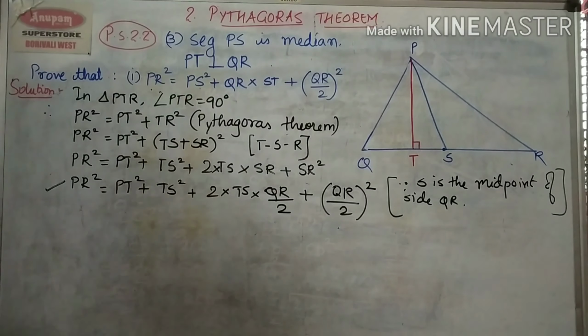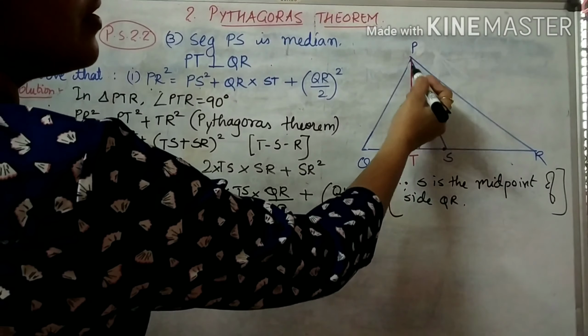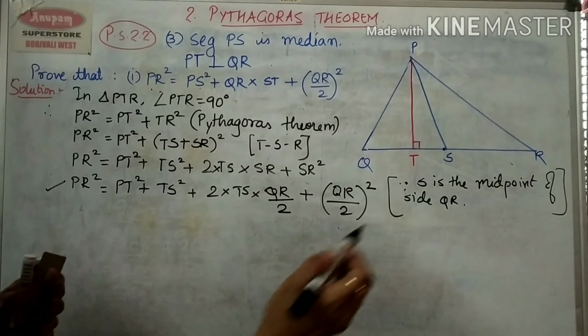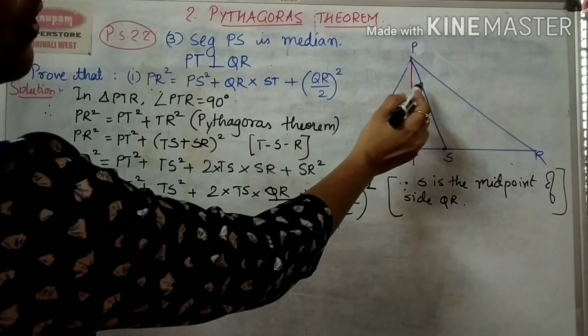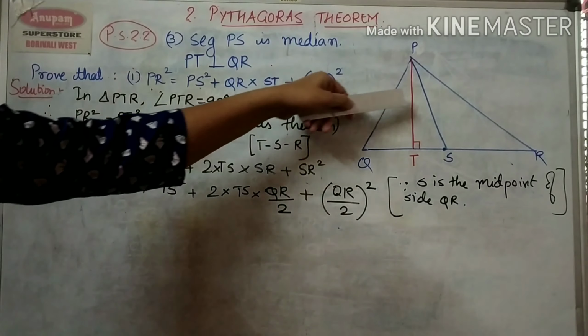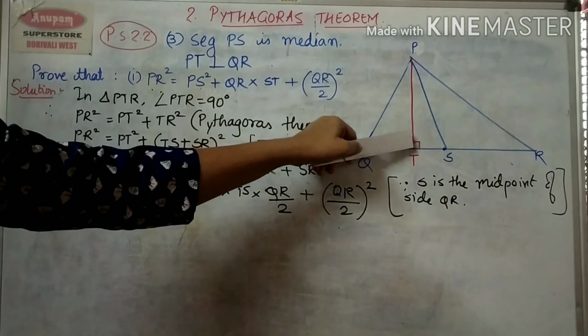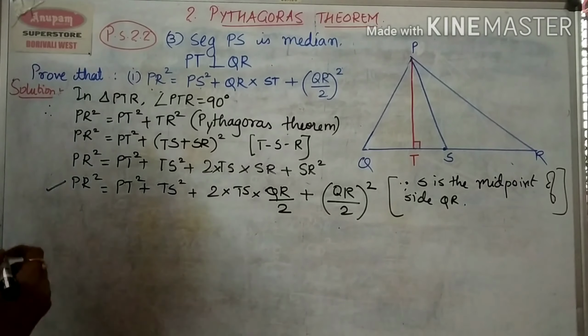Now let us check PS square. From where did I get PS square? PS square is here. If I apply Pythagoras theorem to this smaller triangle, only this much, I can say that PS square is equal to PT square plus TS square. So I'll do that in the next part.